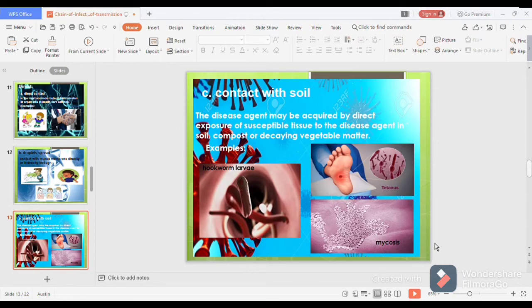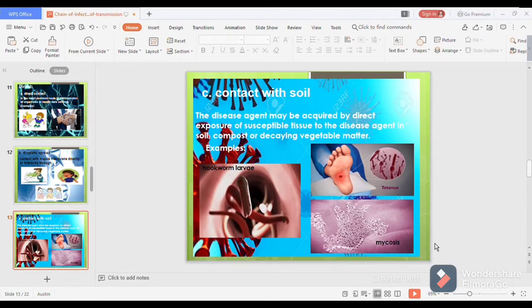For example, ang tetanus, if ikaw ay merong wound, syempre mas mapadali lang ang pagpasok ng mga microorganisms or bacteria if ikaw ay naglalakad ng walang suot na tsinelas, at mas madali siyang makapasok sa iyong wounds na madali lang kapitan.